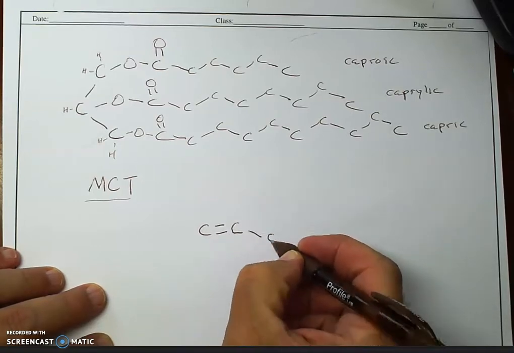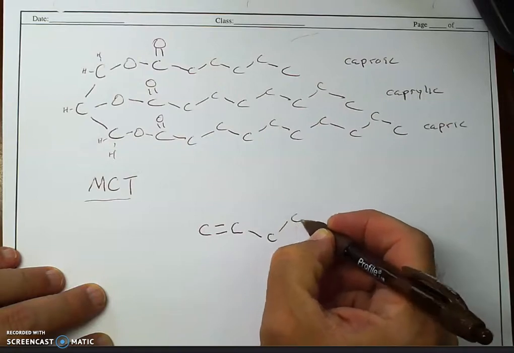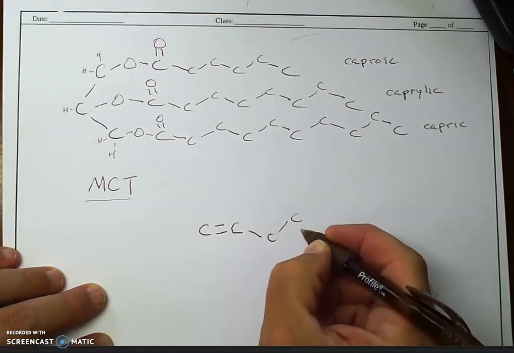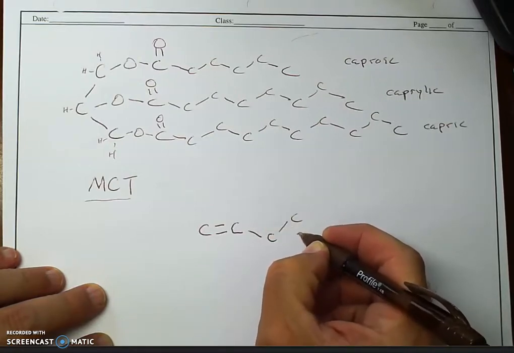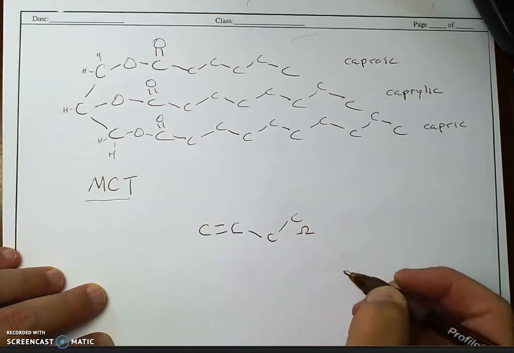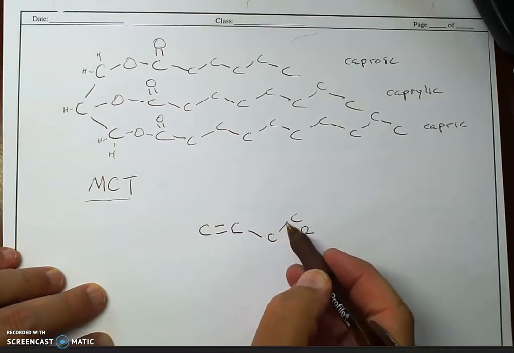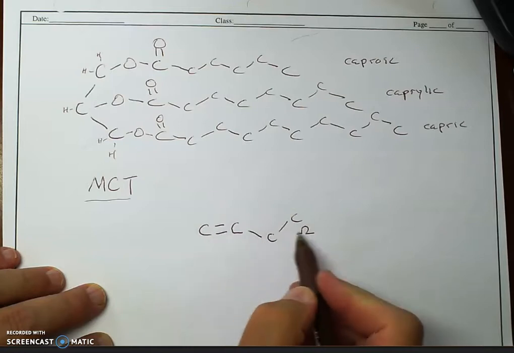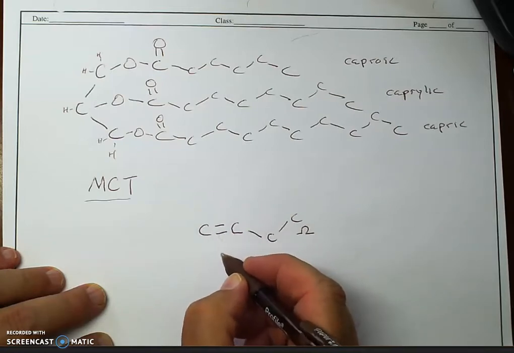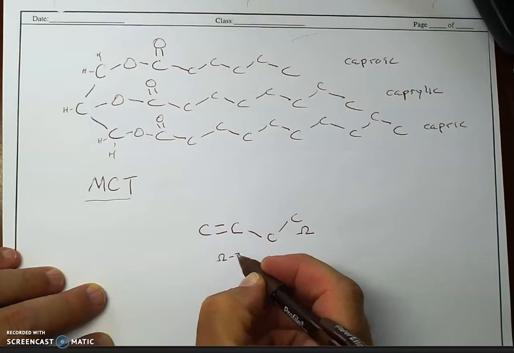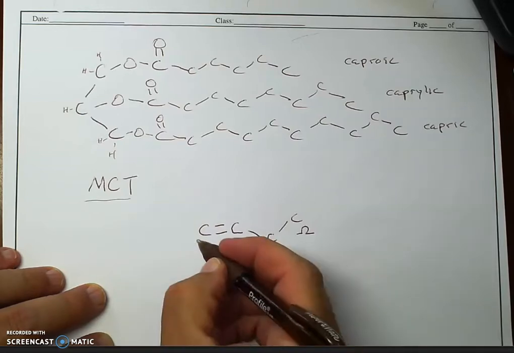We'll say that this was the carbon at the far end from the carboxyl group, which makes it the omega carbon. And then, so the first bond, second bond, third bond from the end was here. That makes that an omega-3 fatty acid.